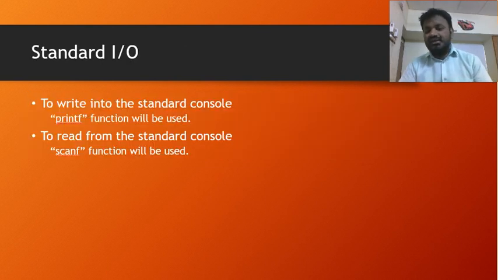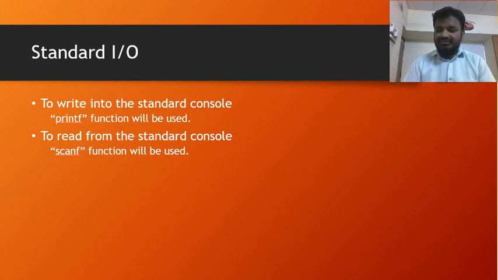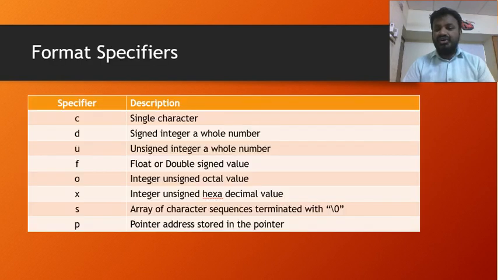And to print we have standard IO, which contains printf and scanf. To write to the console we can use the printf command, and to read from the standard console we can use scanf functions basically. And it contains format specifiers, how we can read or write into that console. We have different format specifiers.